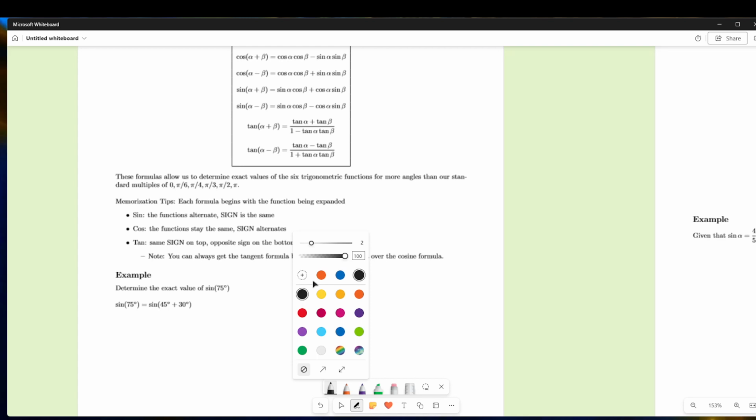But if we wanted to get an exact value as a way to practice these manipulations, if we can build 75 degrees out of angles that we know, then we can use these sum and difference formulas to combine those into finding out what the sine of 75 degrees is.